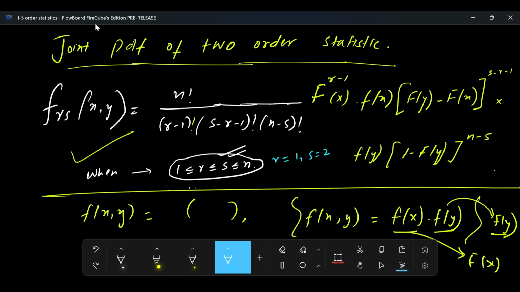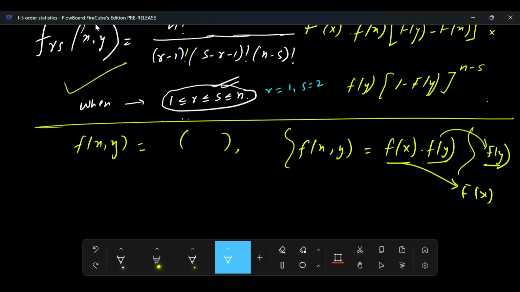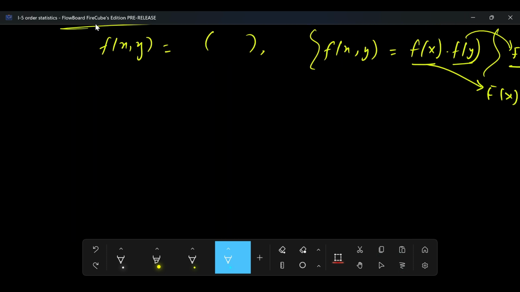So r is equal to 1, 1 minus 1 factorial, then s minus r, 2 minus 1 is 1, 1 minus 1 is 0, 0 factorial. Then n minus s, yeah, we are correct. So now this is the joint PDF of two random variables.